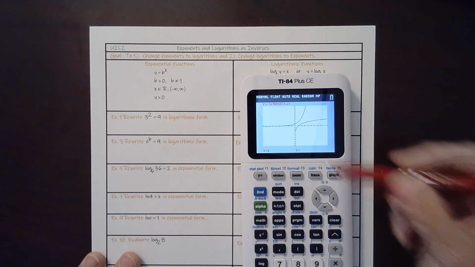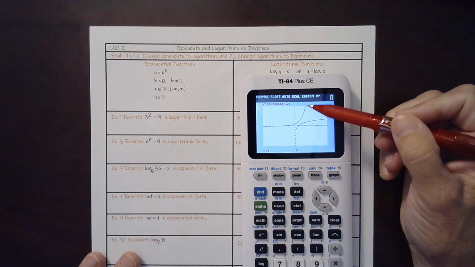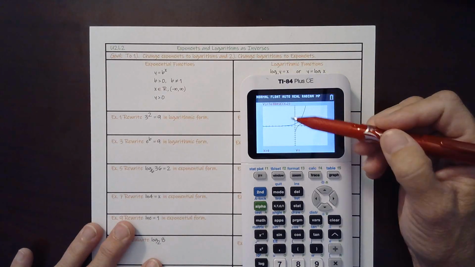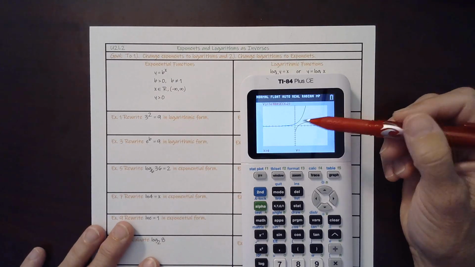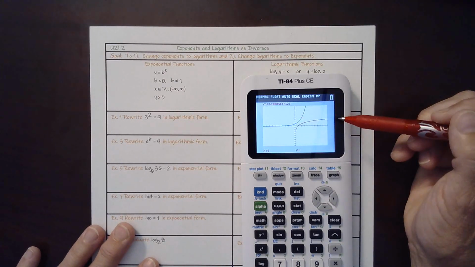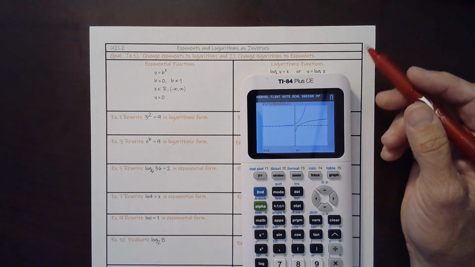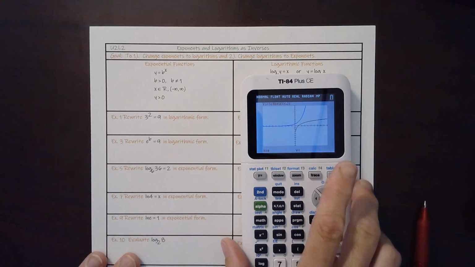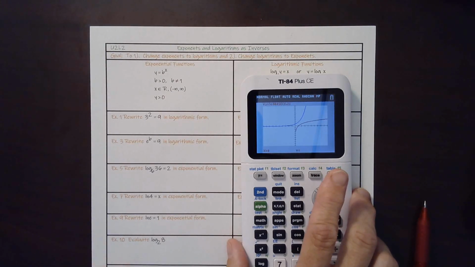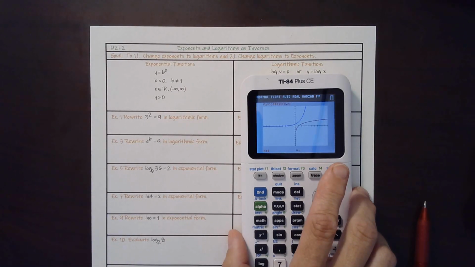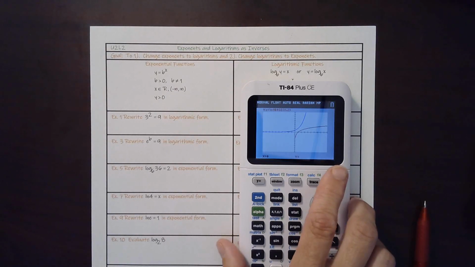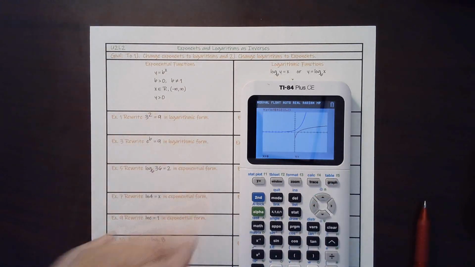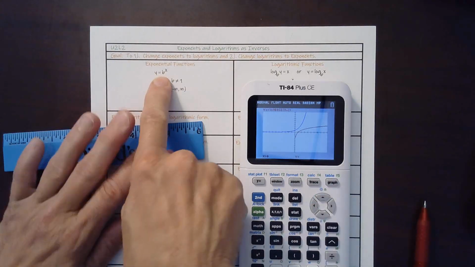The graph that is increasing upward in blue is the exponential function, and this graph in red is the logarithmic function. A couple of things I want us to remember that we talked about in lesson 1 regarding exponential functions. Remember what we said about the base.